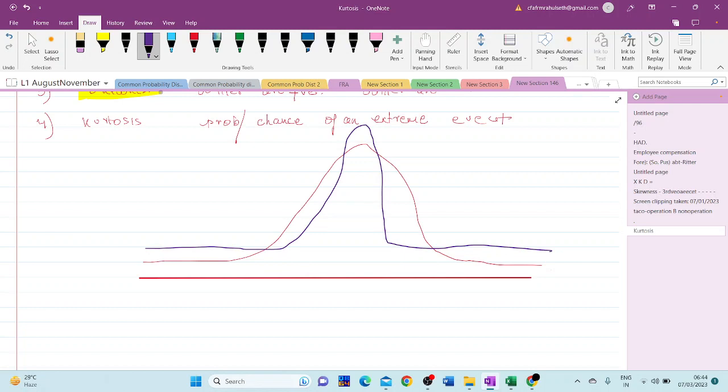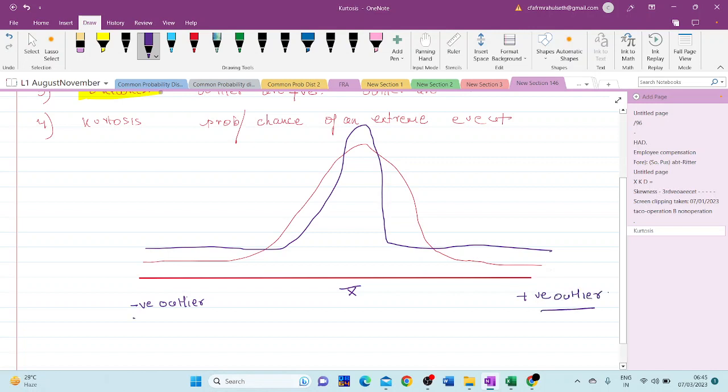So we all know that the arithmetic mean is located at the center of the distribution, and your outliers are going to be in the tails, right? So your negative outliers are going to be here in the left tail, and your positive outliers are going to be here in the right tail, right?